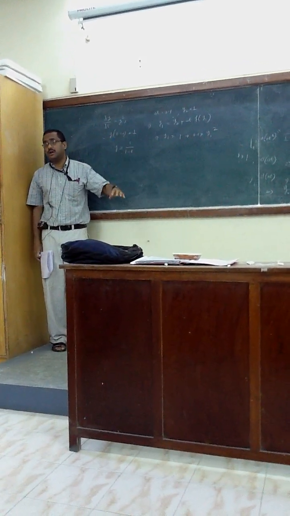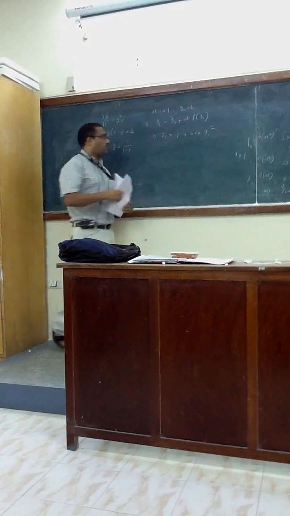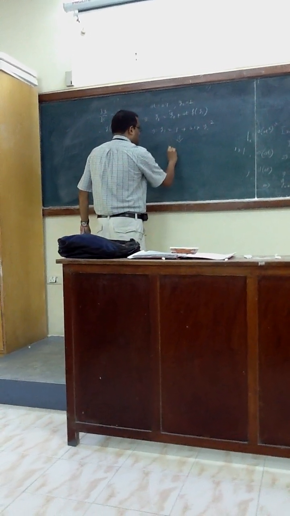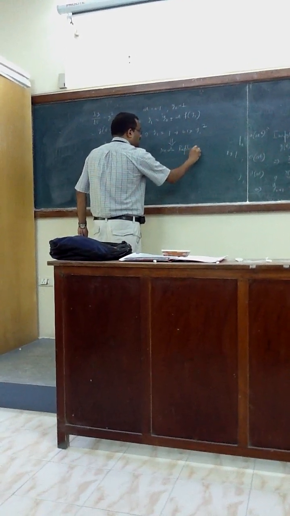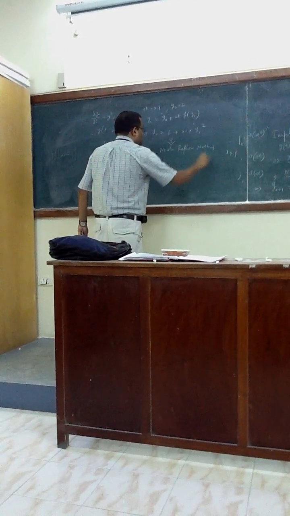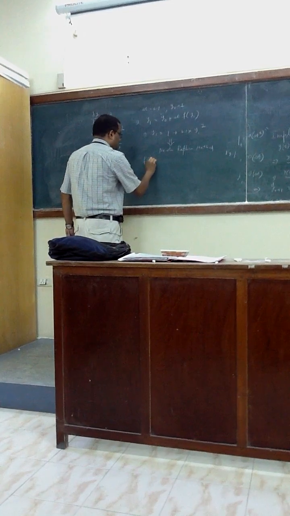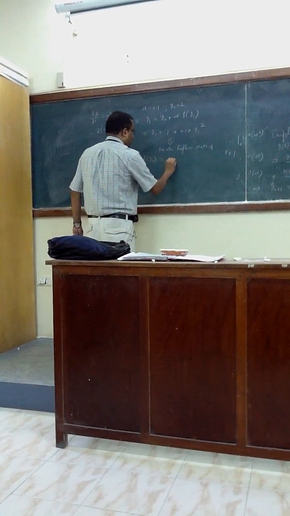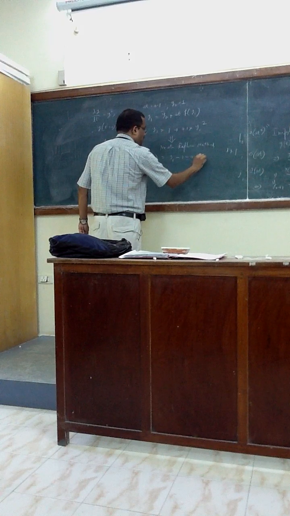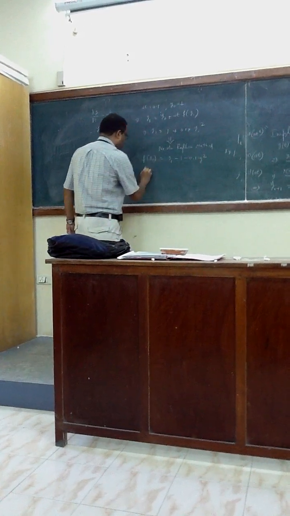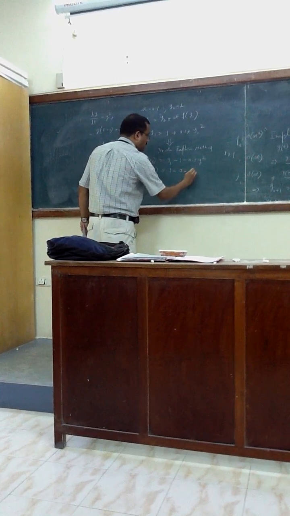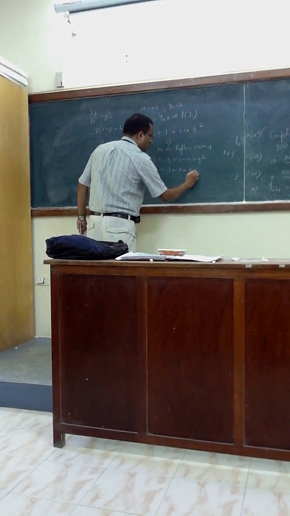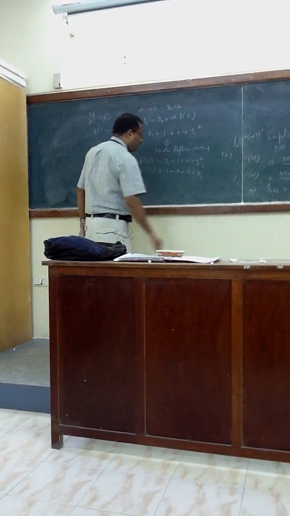How to solve it? Newton-Raphson method. How to do that? We define F of y1, which is y1 minus 1 minus 0.1 y1 square. F prime of y1 equals 1 minus 0.2 into y1. Am I correct?